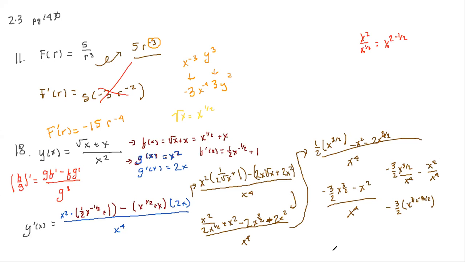So our final answer is going to be y prime of x is equal to negative 3/2 times x to the minus 5 over 2 minus x to the negative 2.